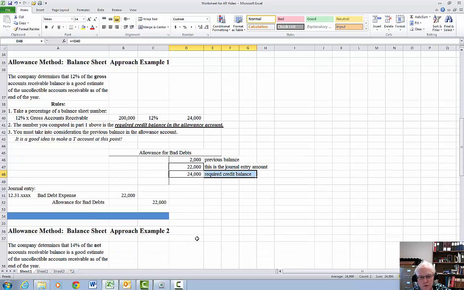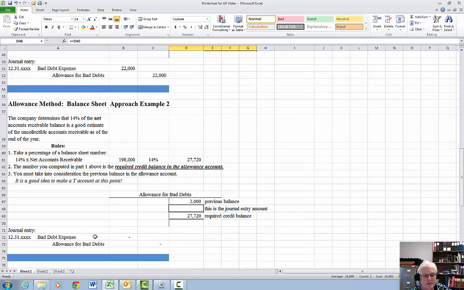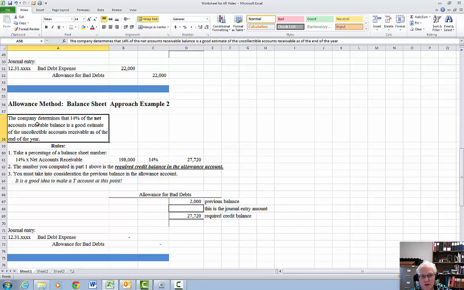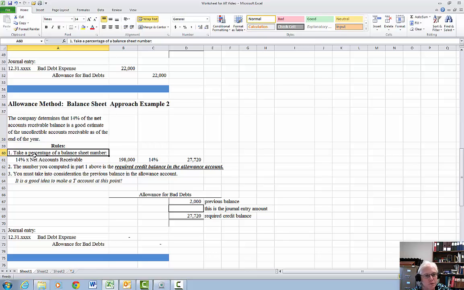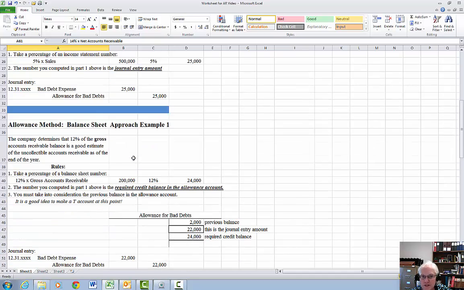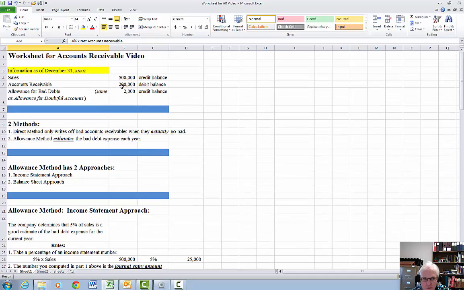And that's example 1. Okay, example 2 is going to be very similar. Here, the company is going to determine that 14% of net accounts receivable is a good estimate. So we're going to take a percent of a balance sheet number, net accounts receivable, that we started with way up here at the top, which is accounts receivable at cost minus a credit balance that's in the allowance account.